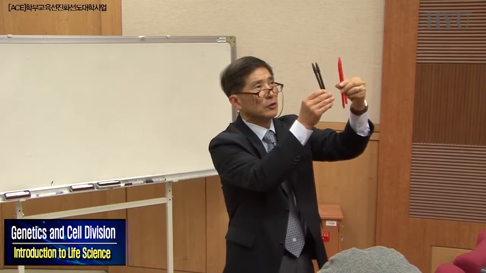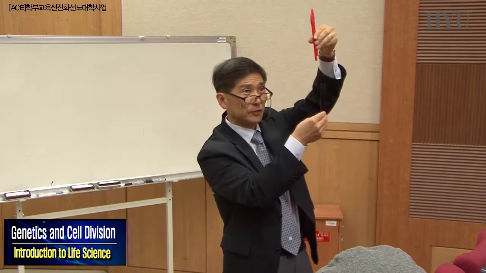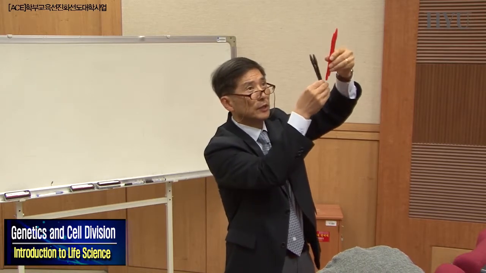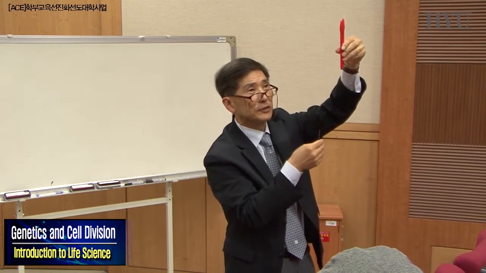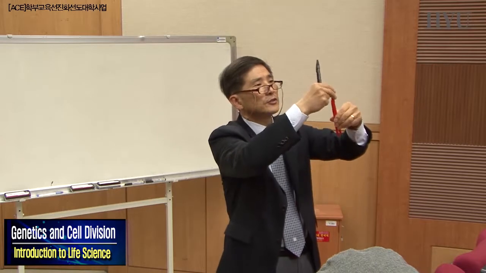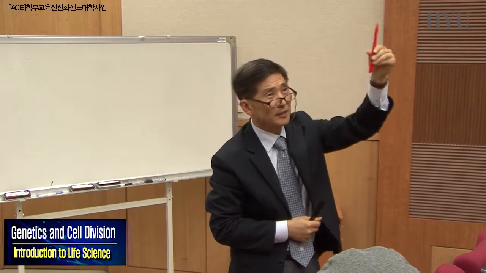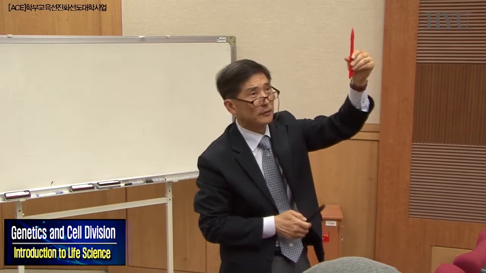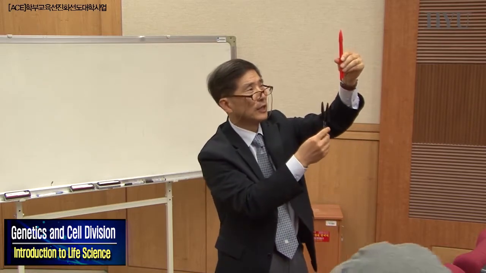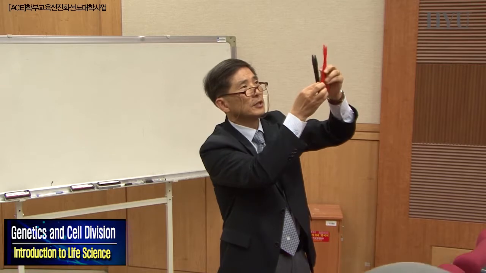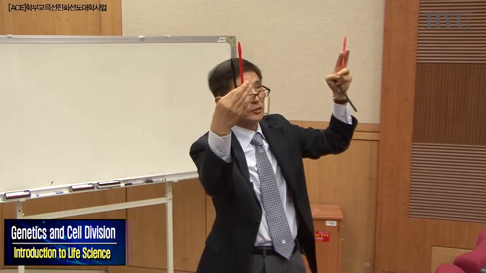So what do you do? You align like this, aligned between sister chromatids. Even if you change something, it doesn't matter because they're exactly the same. You just copied it, so there's no exchange. You just simply split like this.